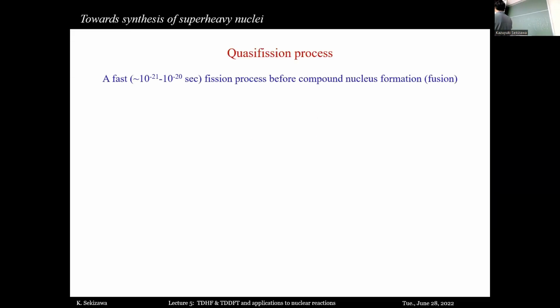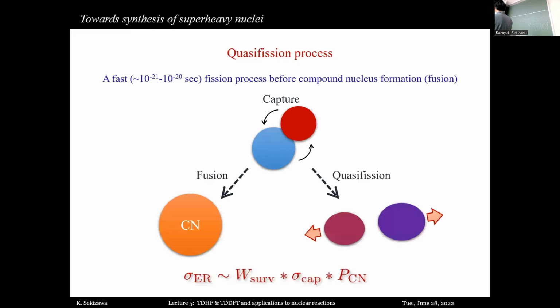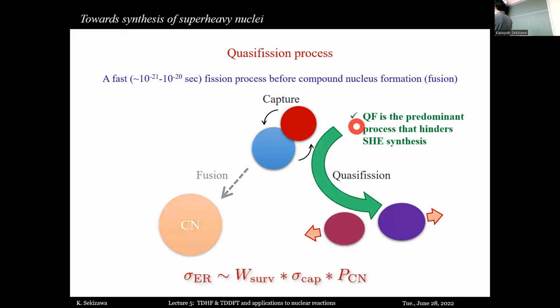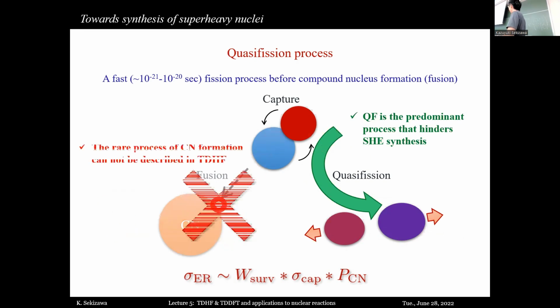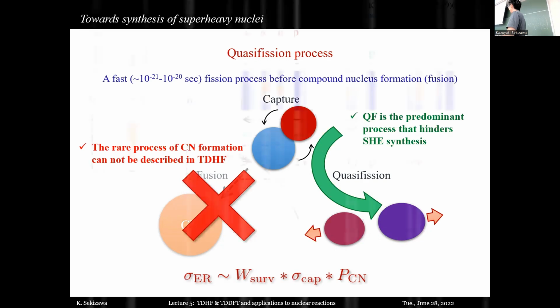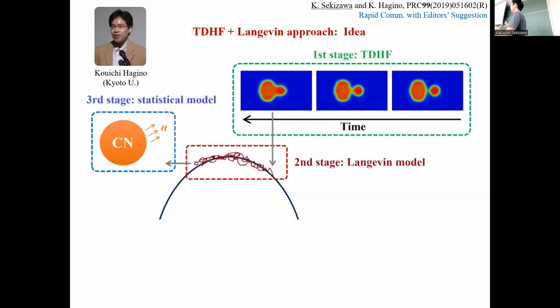So yeah, as I mentioned, TDHF can describe the main process, but in other words, it cannot describe well the compound nucleus formation. So yeah, one can try to combine some phenomenological model with TDHF. So this was done several years ago.